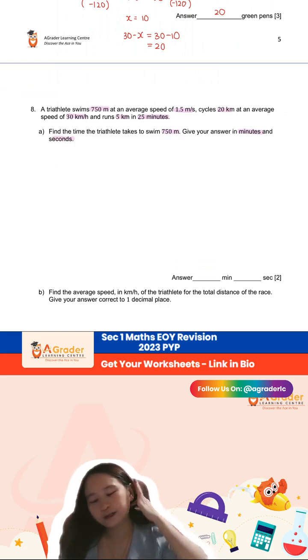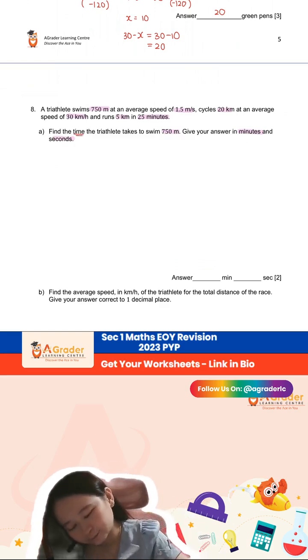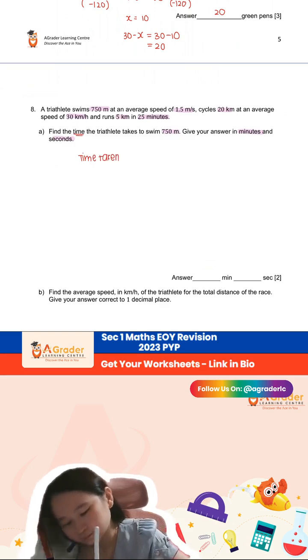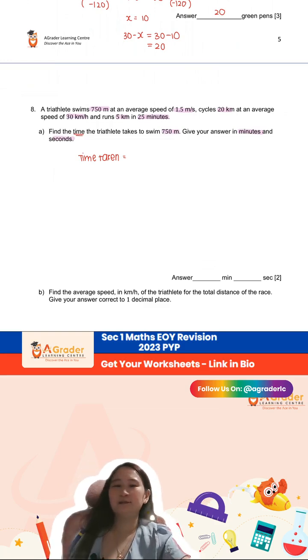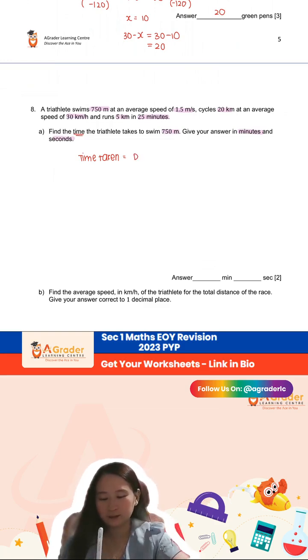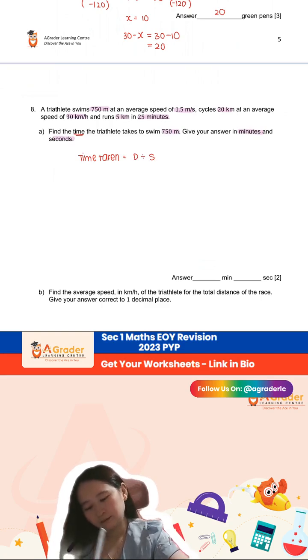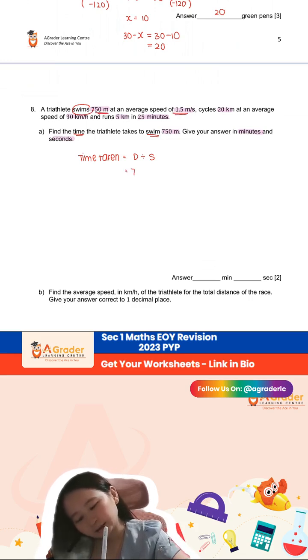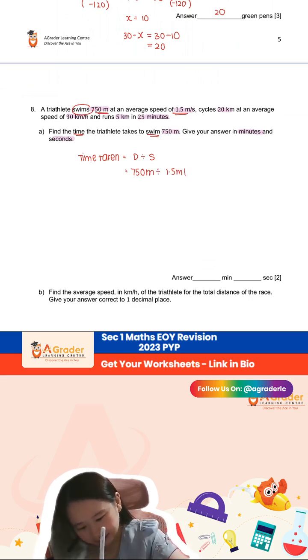Okay, so to find time taken, you have to take distance divided by speed. They only ask for the swimming portion, so you take the distance divided by the average speed. So 750 meter divided by 1.5 meter per second.